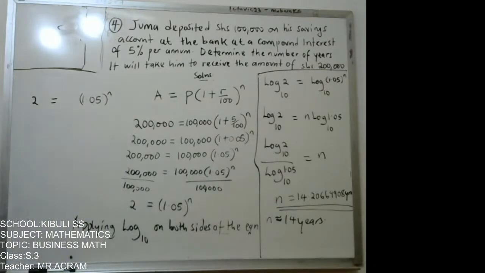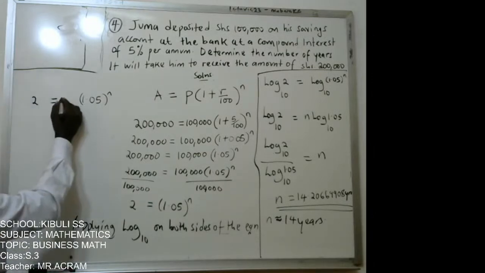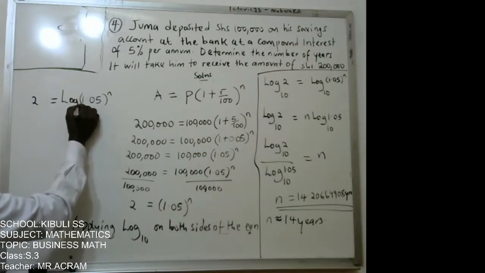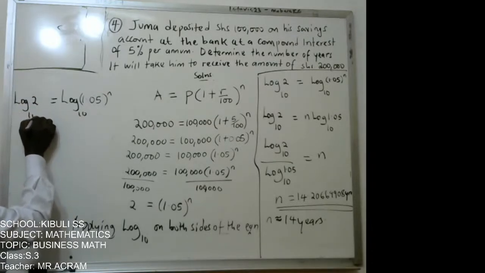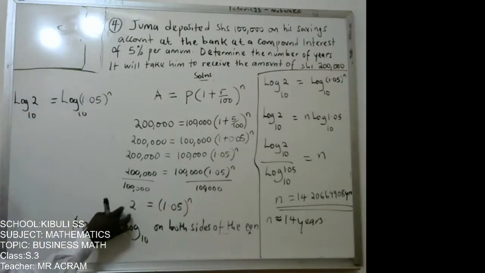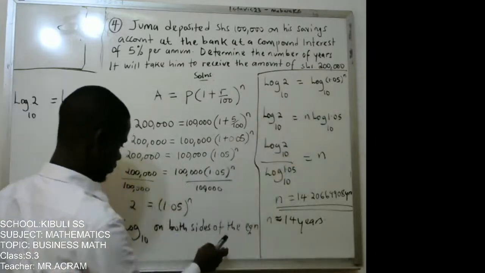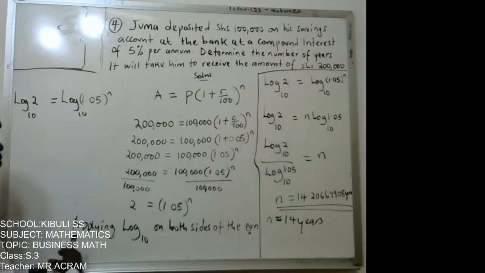You apply log on both sides. This is what I've done. I've applied the log here, and I've even written the statement here. But even if you don't write this statement, no one will penalize you.